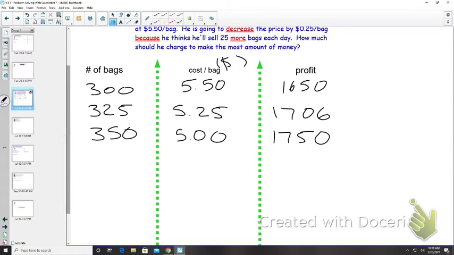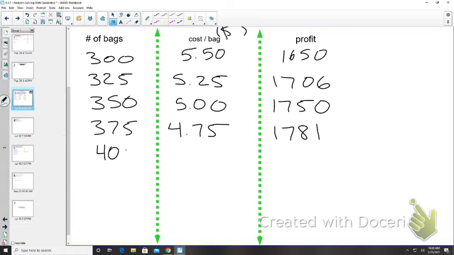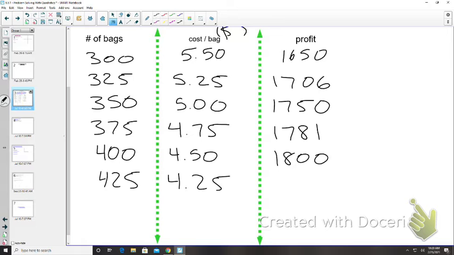We just continue. 375 bags at $4.75 will yield $1,781 in profit, or sales. Then 400 bags at $4.50 gives us $1,800. 425 bags at $4.25 will yield $1,806 in profits.